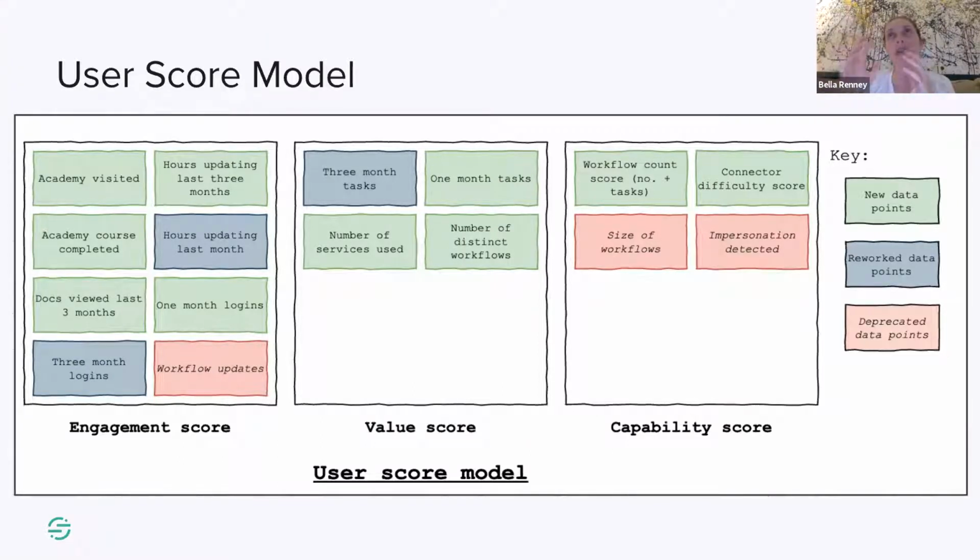So I'll just spend 30 seconds explaining what I mean by that. What we were really struggling with was that sort of predictability, like what makes a really good, retained, engaged, successful, value deriving user, and how can we backwards plan to get more predictable on who fits into that bucket and what does that bucket look like, and how can we encourage more people to go into that bucket, right?